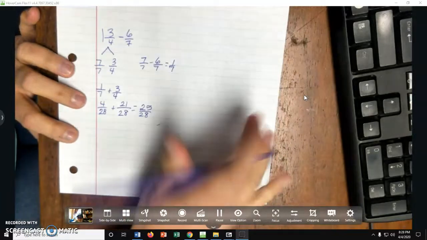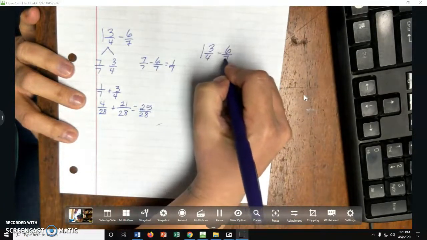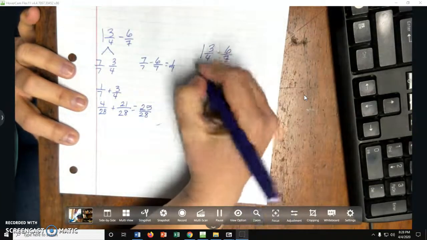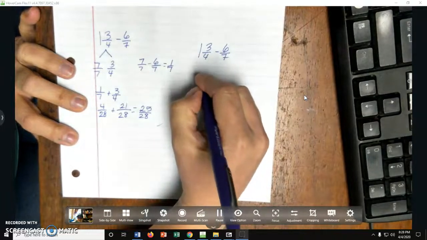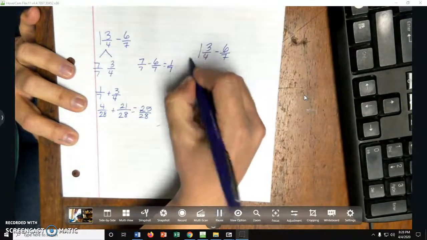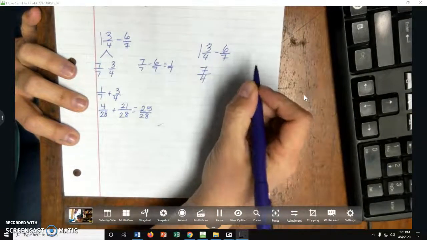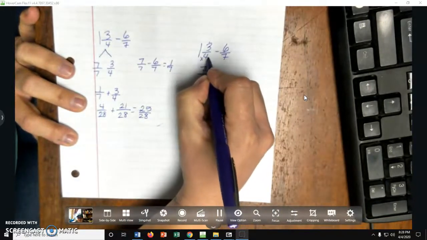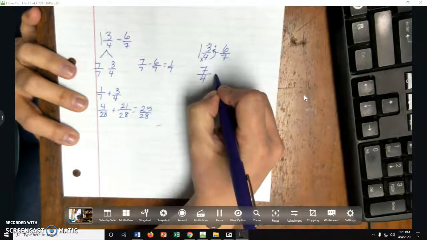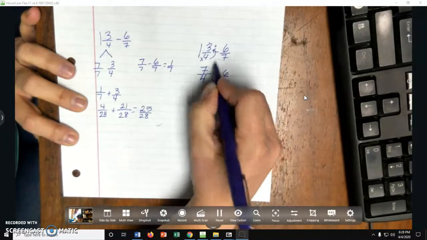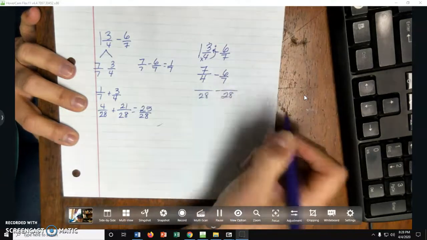Let me show you another way. There are other ways, right? Here, I'm going to make this into an improper fraction. I want to know how many fourths are in 1 3/4. Well, this is 4/4, 5/4, 6/4, 7/4. Following our rule from the other day, 1 times 4 is 4, plus the 3 gives me 7. 7/4 minus 6/7. We've already found my least common multiple is 28.